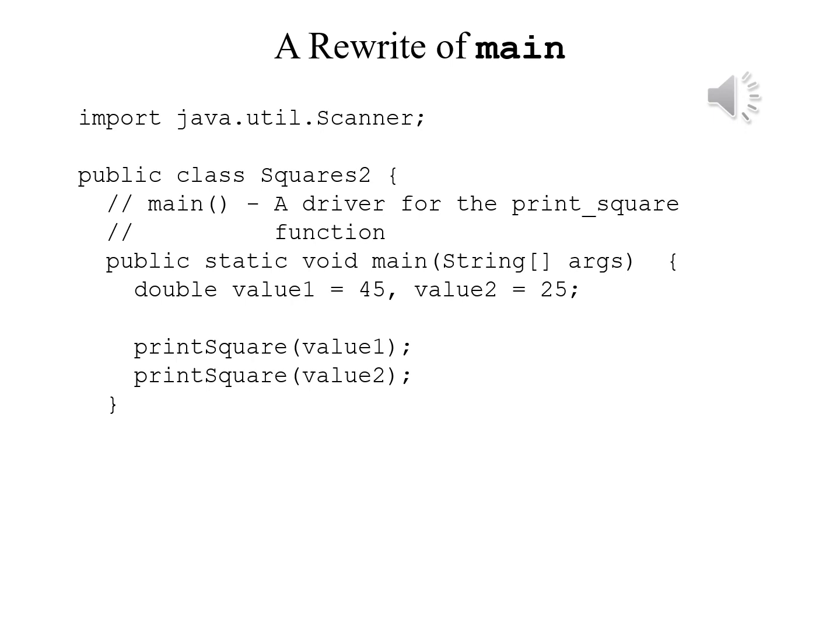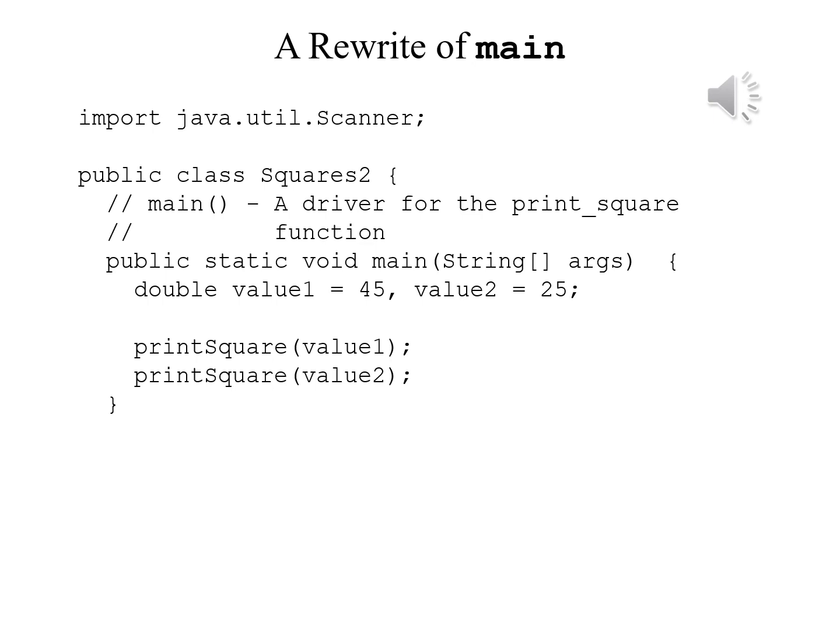We now have the header for the function, public static void main(String[] args), and we have an open brace to begin this. You'll notice now I have two values. Double value1 equals 45, value2 equals 25. And you'll see here in the same method, I will call printSquare(value1) and printSquare(value2).